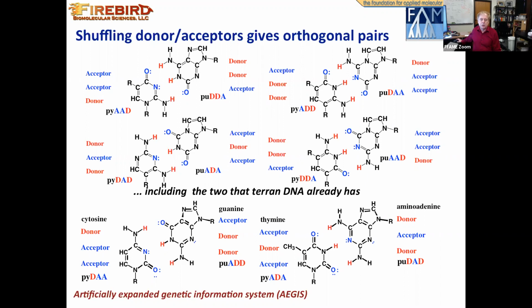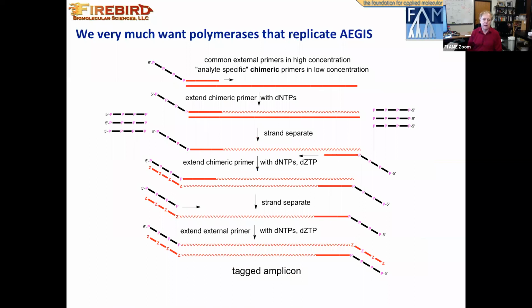So there's a 12-letter genetic alphabet, and we very much want to have replication of it with polymerases that do so. And so, since Phil Holliger was a former student of mine, and he basically solved the problem, what we thought we would do is just do a compartmentalized self-replication in his droplets, where we amplify the gene for the polymerase, which is that red line, with an external primer that contains the funny base P, that's the magenta things in the external tags.